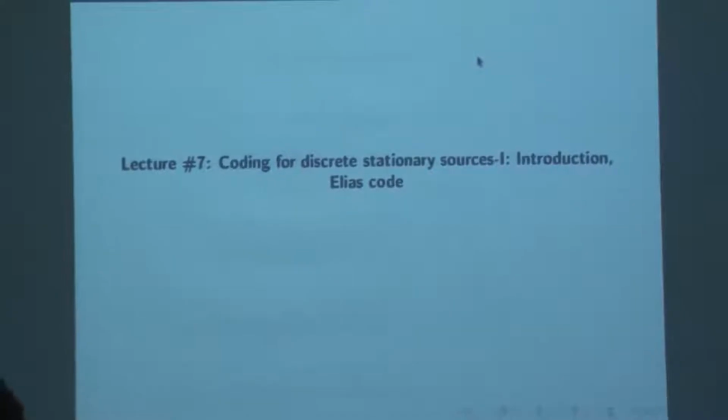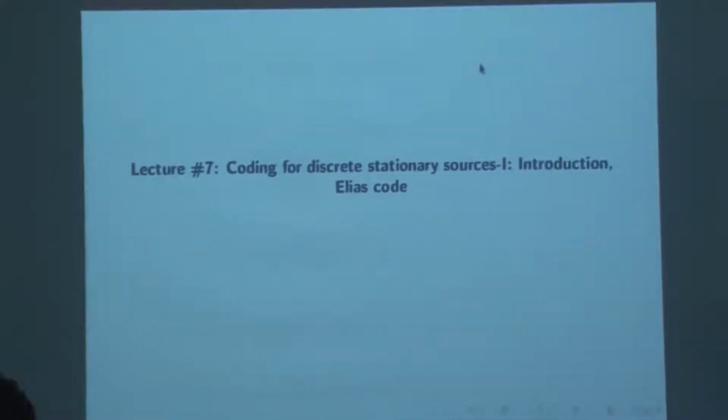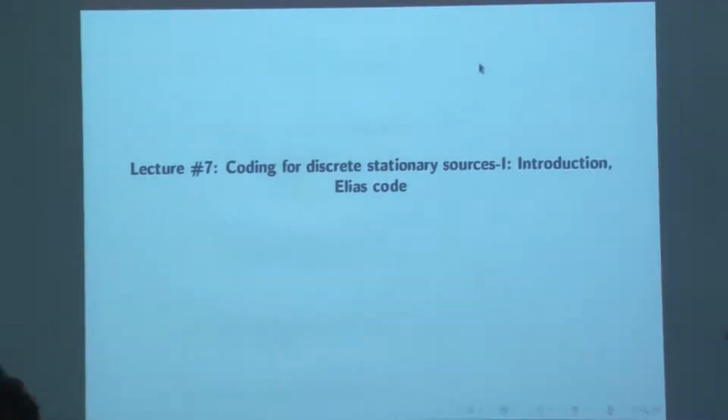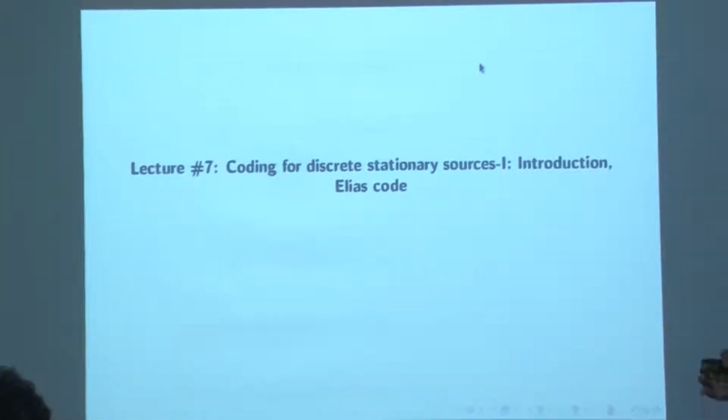In the first lecture today, I am just going to describe what a discrete stationary source is and its properties, and I am going to talk about how we can encode positive numbers using some prefix-free code, which is basically the Elias code.